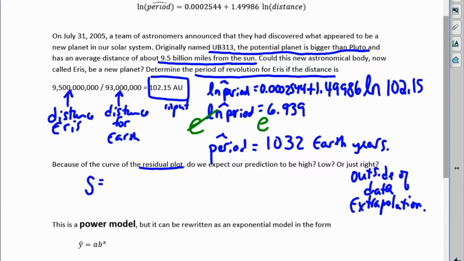So like on average, our prediction error, we can look at those things to make a conclusion on if we feel like our prediction will be high, do we feel like it'll be low, or do we feel like maybe it'll be just right? Because in a situation like this, we don't have data for things further away. We can't wait and see if the period for this planet is really working.